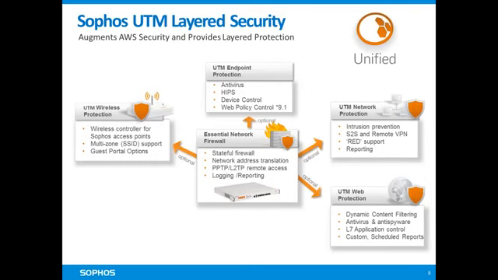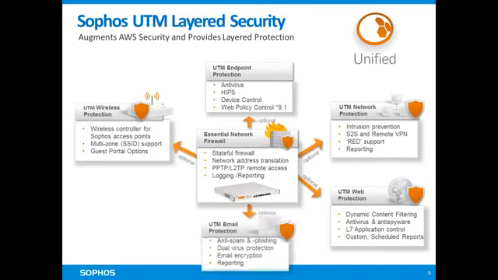So we may want to take a look at understanding the applications that are in use, controlling things like BitTorrent so people can't download copyrighted material from these virtual desktops. Making sure, again, that they're protected from malware, and maybe using standard content filtering control to get a handle on what kind of websites and categories people are allowed to go to.